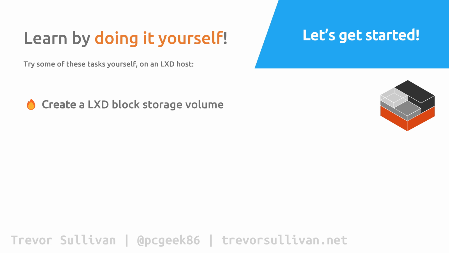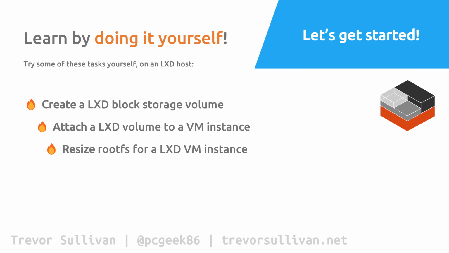All right, so now that we understand some basics about storage volumes as far as the rootfs goes and additional data disks, let's talk about some things that you can practice yourself in order to learn about LXD. So first of all, you can create additional block storage volumes, additional data disks like we just talked about. You can attach additional data disks to your LXD virtual machine instances. You can also resize your rootfs. So if you want to expand your operating system disk size because you're using up your storage, then you can resize it, as we previously talked about.